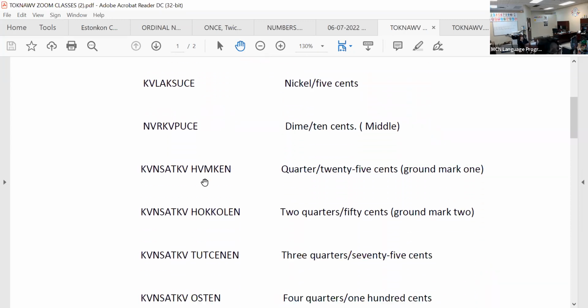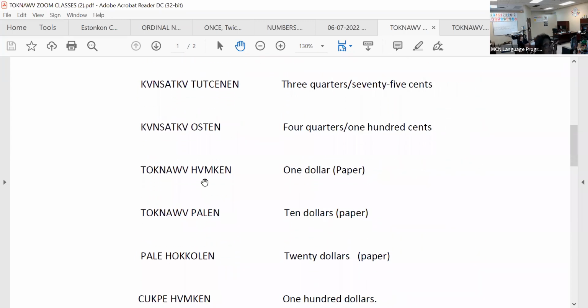Okay, $10 is Tognawa Balin. But if you put 2 of those, just like the word 20, Bali Hokolin. But this would be a situation where the environment tells you: if they hand you $20 and say Bali Hokolin, it's $20, isn't it? Okay.